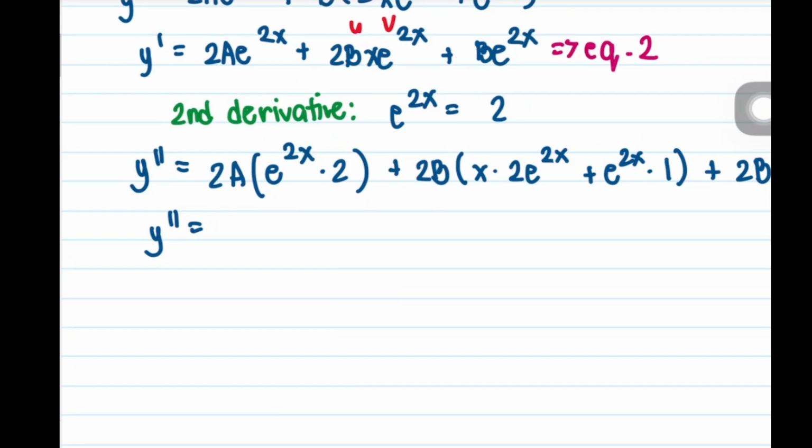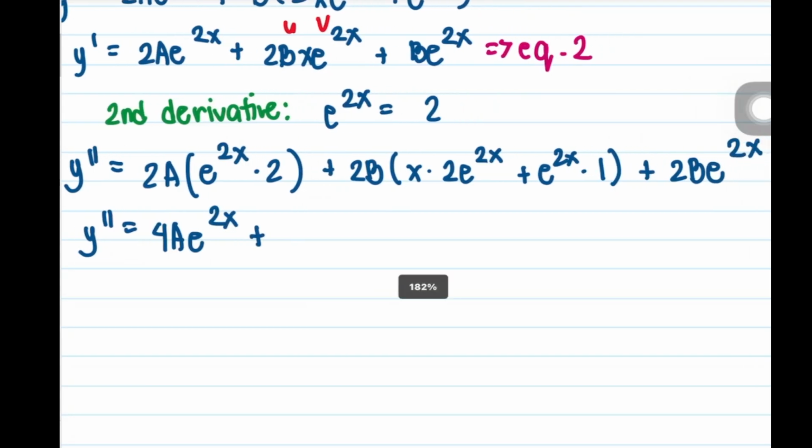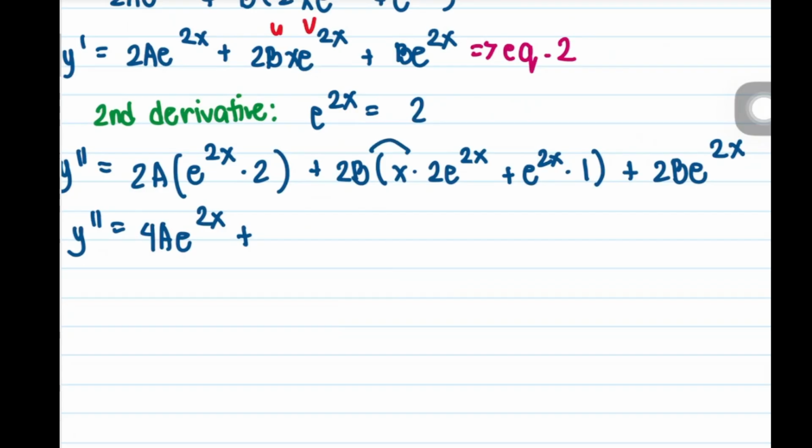So therefore, let us distribute. This will be 4a e raised to 2x plus, distributing this one to this one as well, 4b x e raised to 2x plus 2b e raised to 2x plus 2b e raised to 2x.